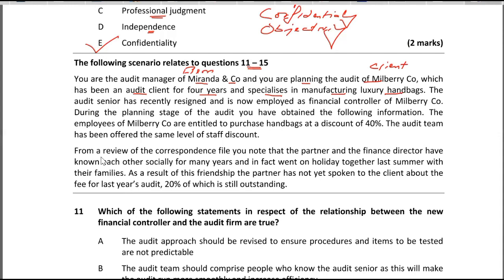The audit senior has recently resigned and is now employed as a financial controller. Again, employment with an audit client. During the planning stage of the audit, you have obtained the following information. The employees of Milbury Company are entitled to purchase handbags at a discount of 40%, which is a significant discount. The audit team has been offered the same level of staff discount, gifts, and hospitality.